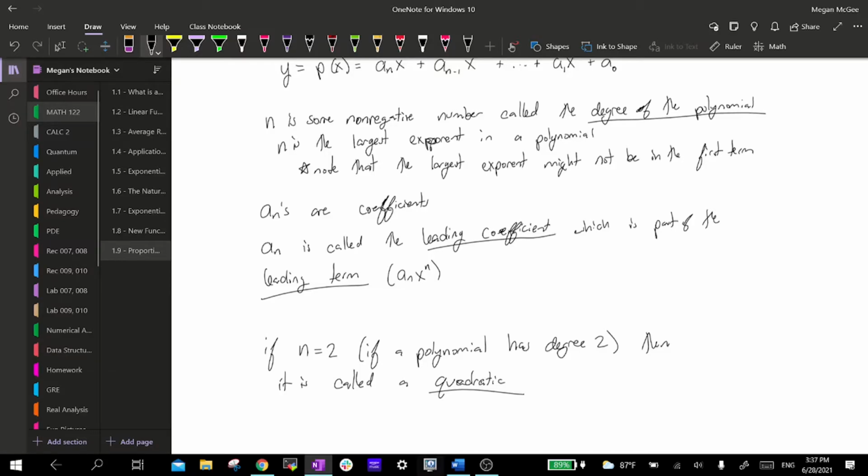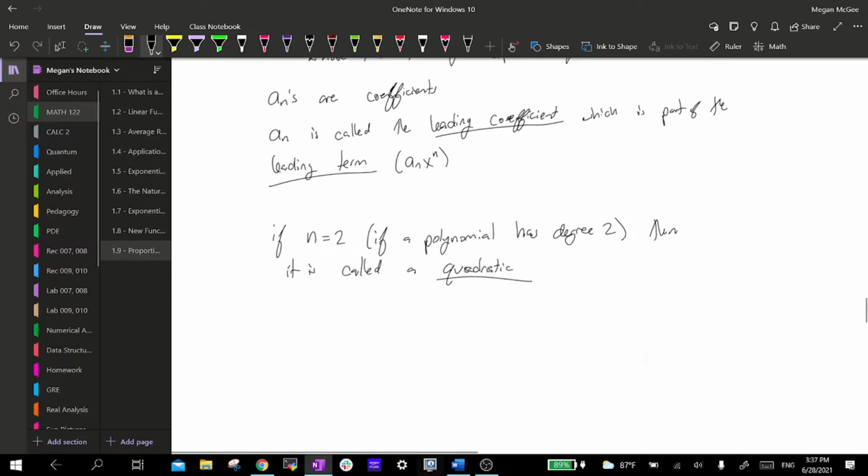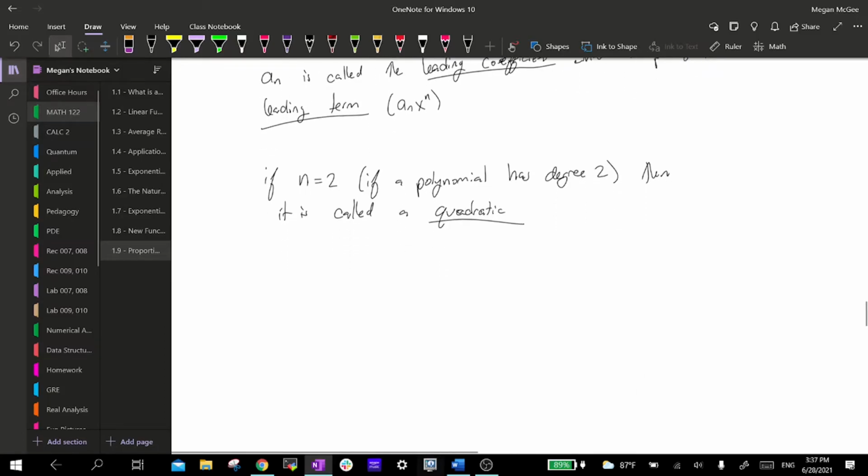All right? So instead of saying a polynomial of degree 2 all the time, we'll just say a quadratic. All right? And it's going to look like p of x is equal to ax squared plus bx plus c. And of course, our leading coefficient cannot be 0, or else we wouldn't have a quadratic, right? This whole term would go to 0, and then we would only have x to the first power, and we just have a degree 1 polynomial.